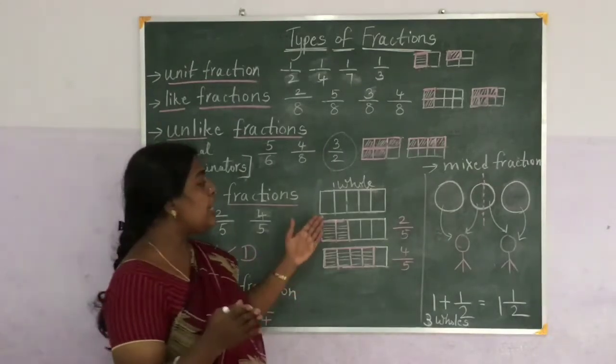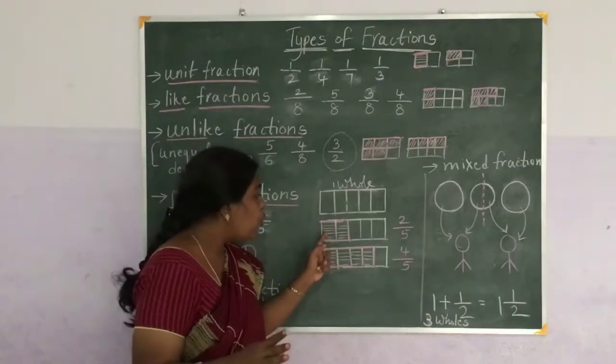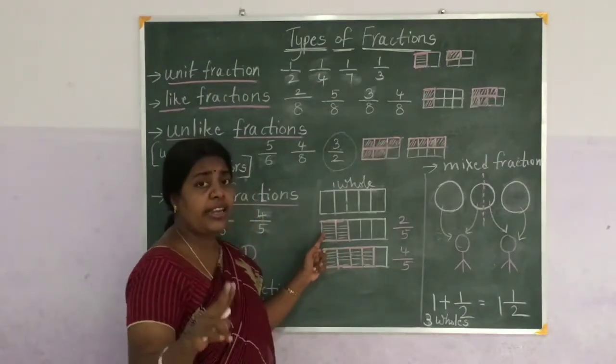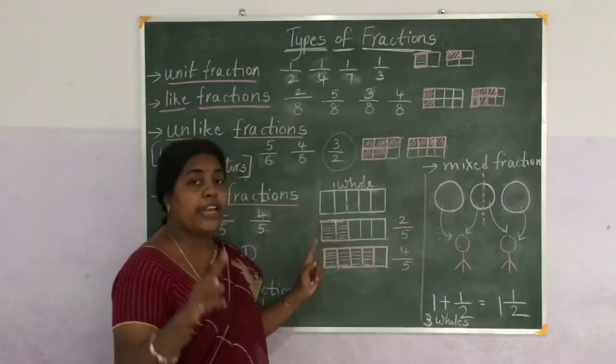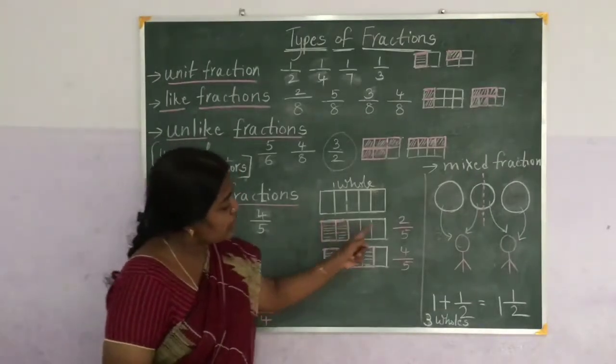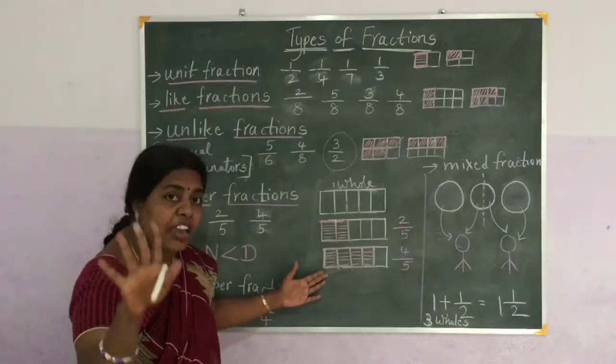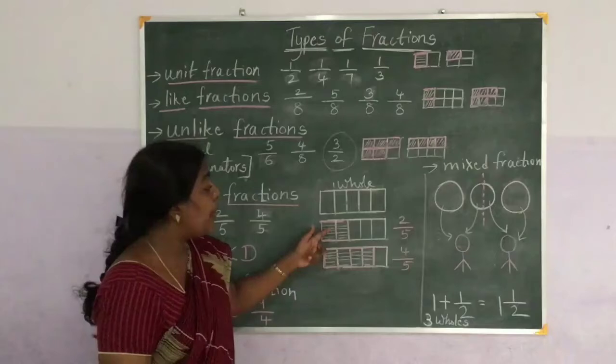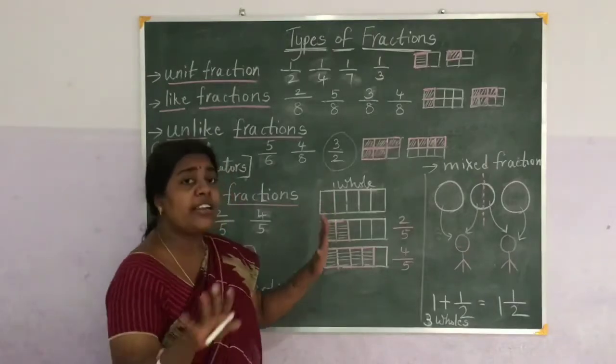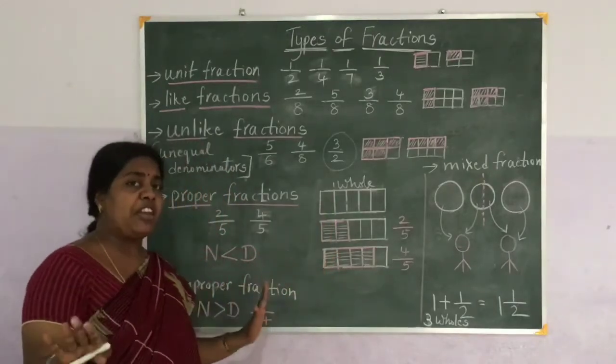I divided them equally. In this second chocolate, I have taken 2 parts. The chocolate quantity is same. All the 3 chocolates have 5 equal parts. The first chocolate is divided into 5 equal parts.